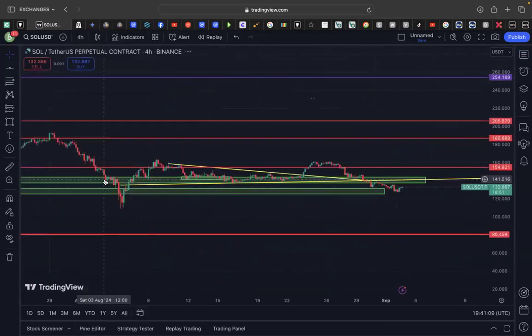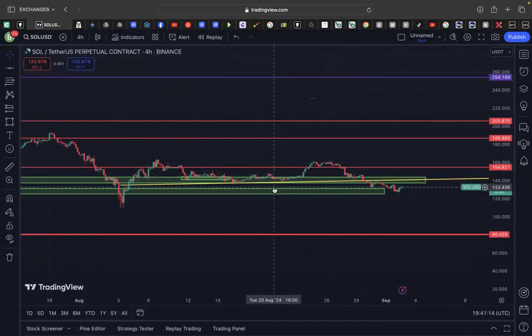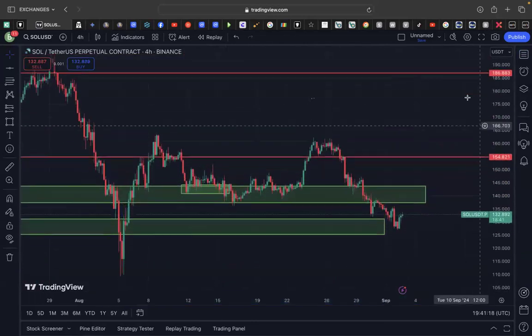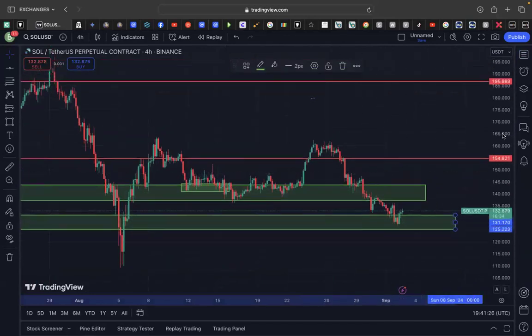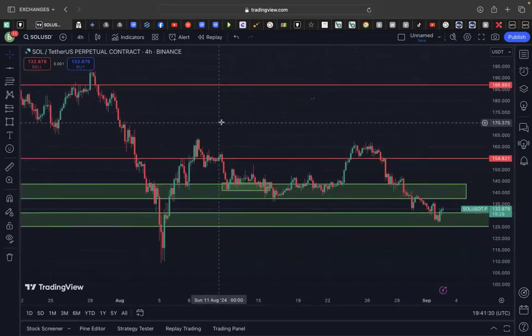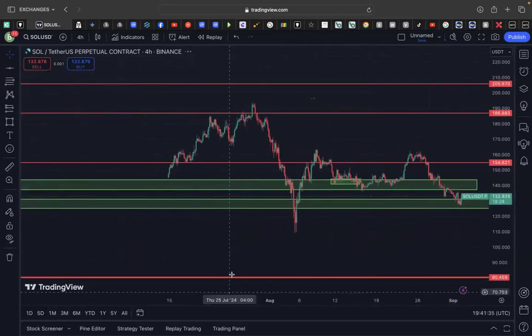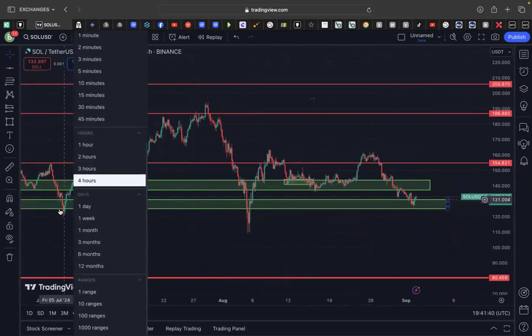So I want to go back to the 4 hour. This is the 4 hour chart for Solana. Let me quickly remove these trend lines. So the swing traders will basically use the 4 hour, the 2 hour, and the 1 hour charts.